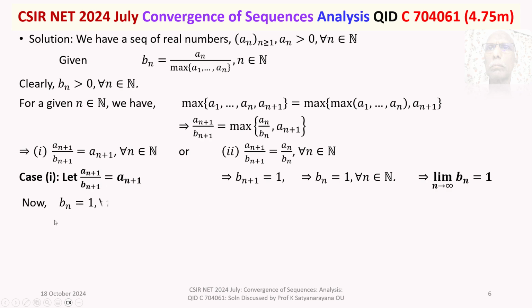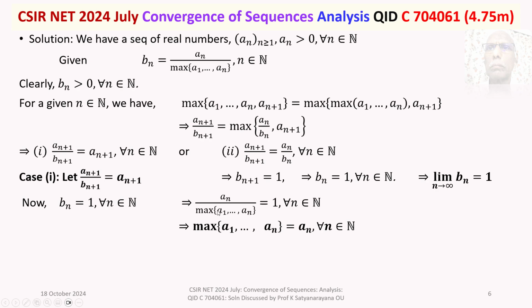Now b_n is equal to 1 means a_n by the maximum of a_1, a_2, ..., a_n is equal to 1 for all n belongs to N. Cross multiply: the maximum of a_1, a_2, ..., a_n is a_n for all n belongs to N. So the maximum of a_1, ..., a_n is the last term, that is a_n.